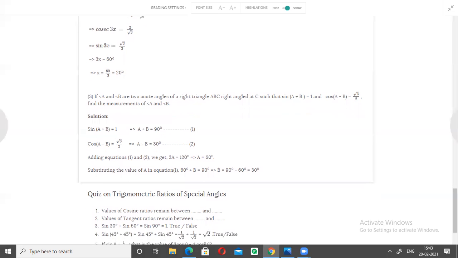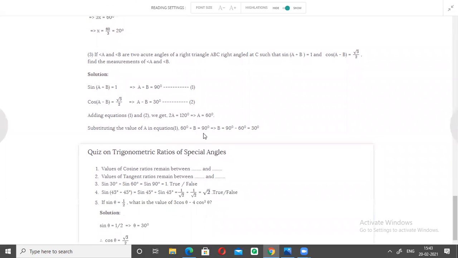So these are a few types of questions that you may get from this section. Here you can see the quiz also. The values of the cos ratio remain between 0 and 1, the minimum value being 0 and the maximum 1. The value of tan remains between 0, since it is 0 by 1, sine by cos, and the maximum value is not defined.